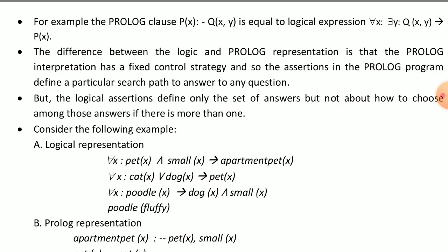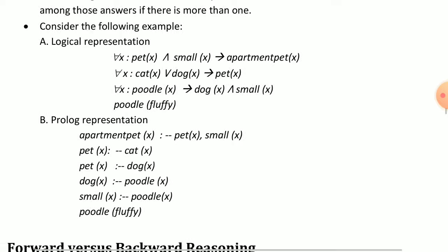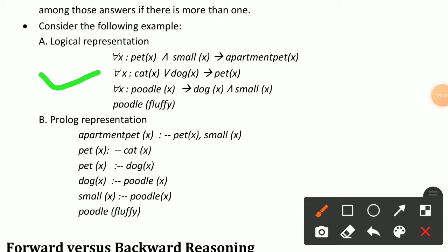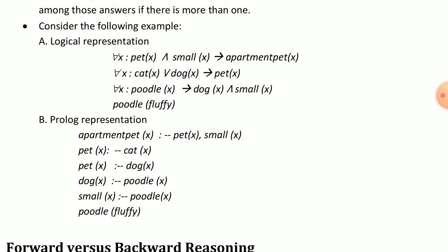Its basic definition is given, and we can learn the difference by using the example. Here we can take the example of a pet, and we can select a small pet in the apartment. So in logical representation we can represent the knowledge like this, and in Prolog representation we can represent the knowledge like this. So by using this example you can learn logical representation and Prolog representation.